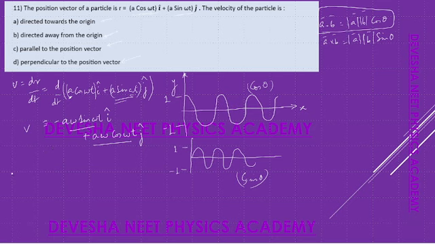So the velocity is perpendicular to the position vector. This is the position vector and this is the velocity vector.